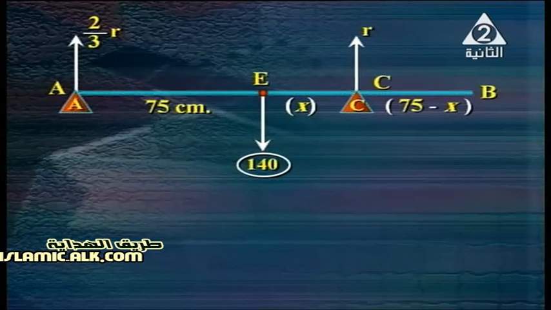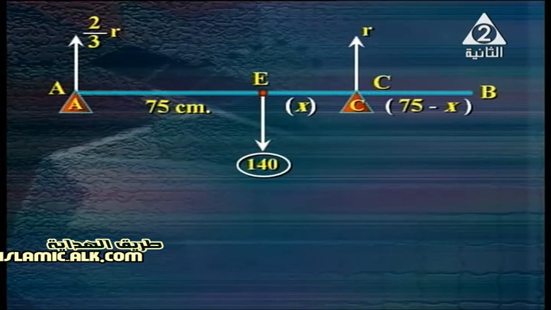The weight 140 acts at the midpoint E. The distance between E and C is X. The distance between A and E is 75 centimeter. The distance between C and B, the length CB, is 75 minus X centimeter.